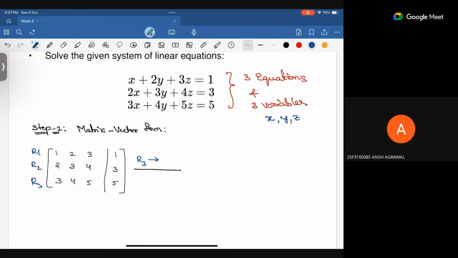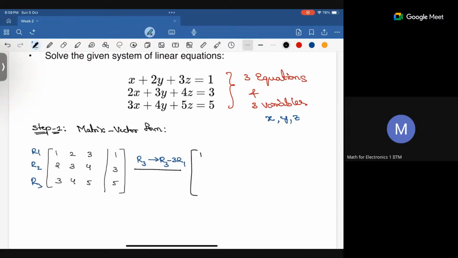R3 minus 3R1. Correct. So our row 3 should be R3 minus 3 times R1. You multiply 3 to row 1 and then do the subtraction from row 3. Then we'll get.